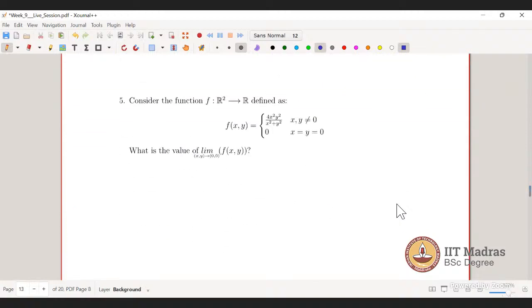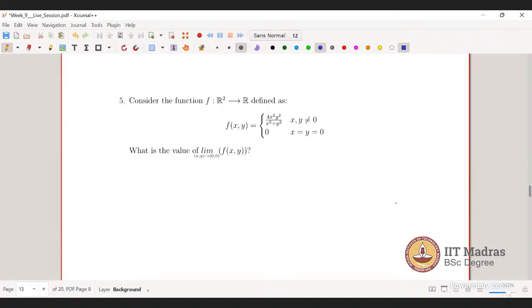So now actually we are maybe in a position where the limit exists. Here I want to find the limit of this function.